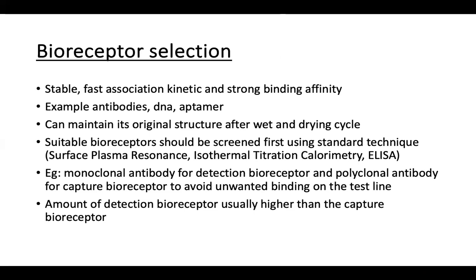And based on the discussion just now, I'm talking about antibodies, but as you can see now, we can also use DNA, we can also use aptamers and probably other different biomarkers for the purpose of constructing a lateral flow.